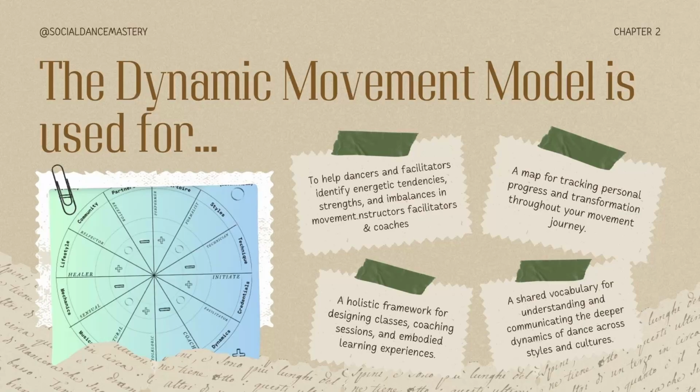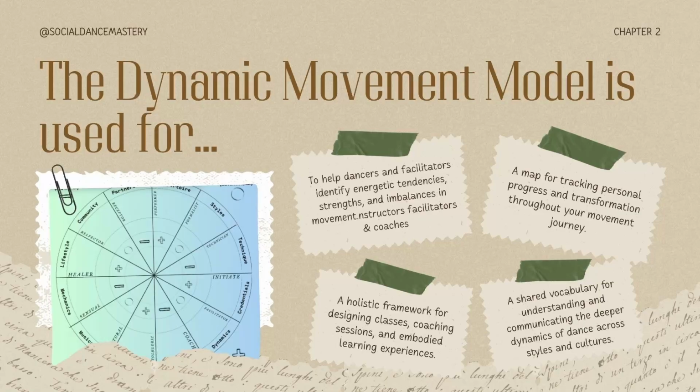Third, as an embodied curriculum framework for designing classes and coaching experiences rooted in energy and awareness. And finally, as a universal language of movement, a vocabulary that helps dancers, educators, and cultures communicate through motion.